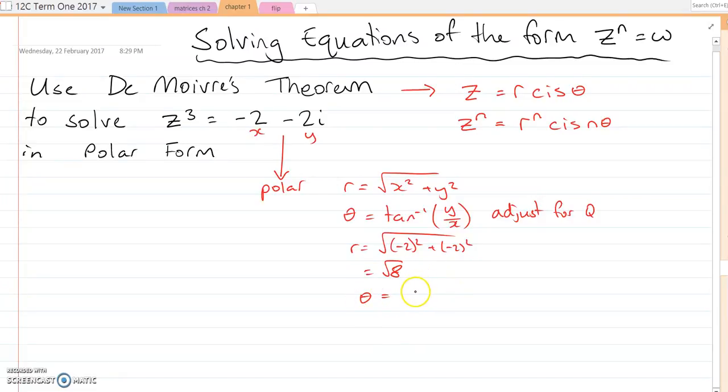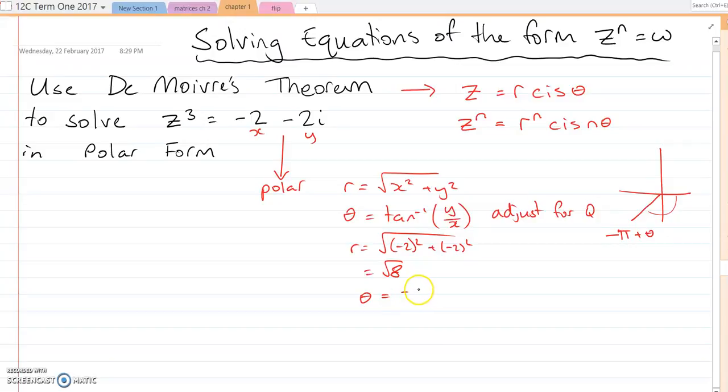Theta: this is obviously a 45 degree angle. If we were to draw this, it's down this way. So the inverse tan of minus 2 over minus 2 is 45 degrees, or pi over 4. But we're down here, at negative pi plus theta.